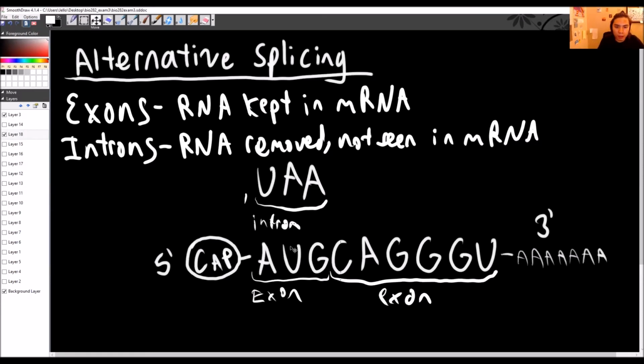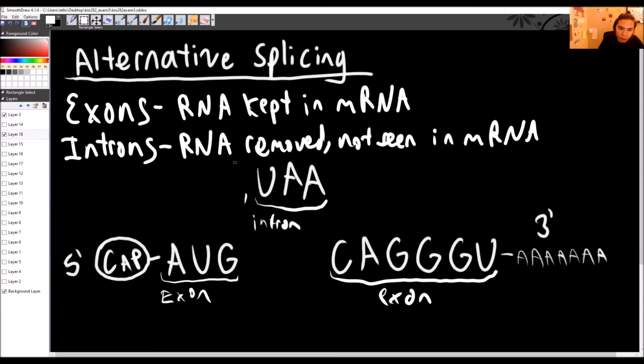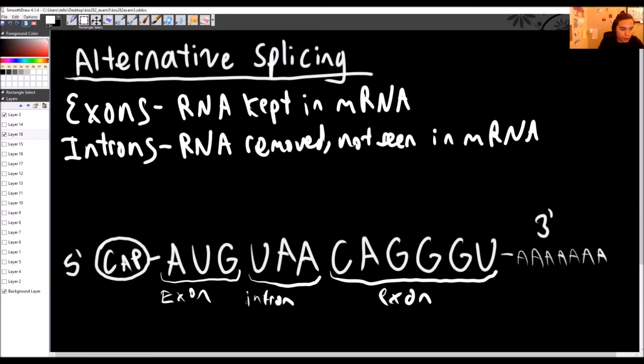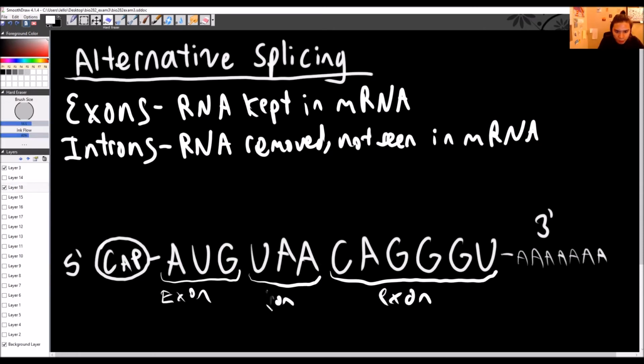Now, what do I mean by alternative splicing? Let's say that this was not the intron, that this was an exon, and that this entire thing is an intron.